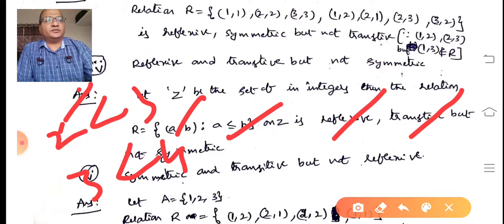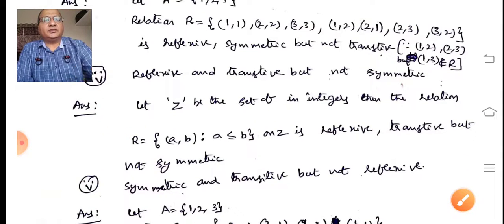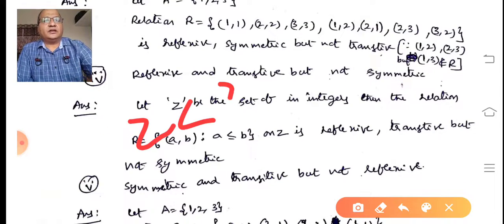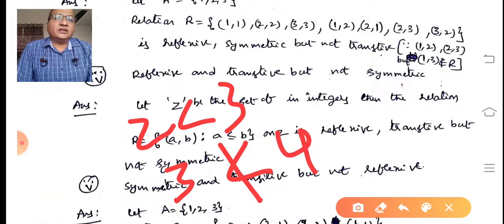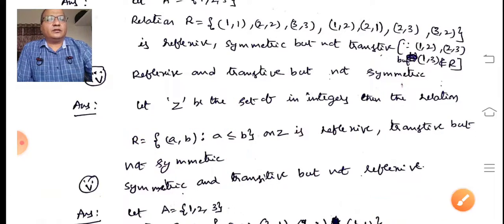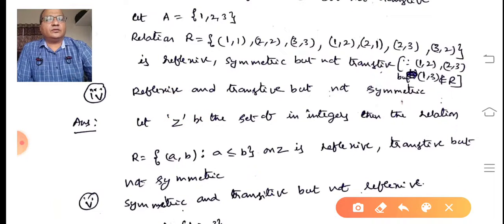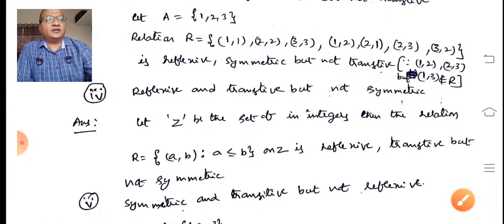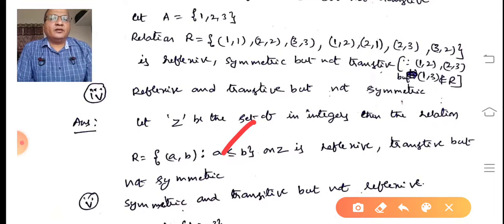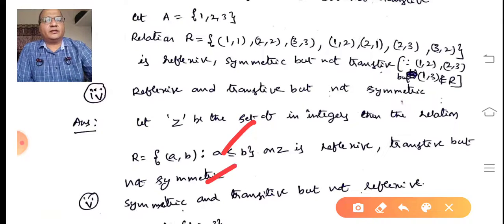But 2 is less than 3, while 3 is not less than 2, which means it is not symmetric. So finally, this is the example which is reflexive and transitive but not symmetric.